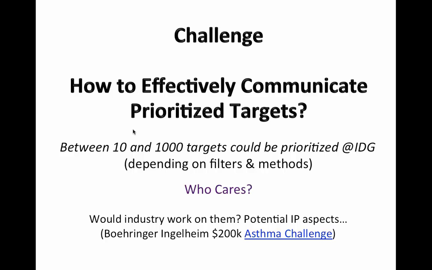And if you think that the asthma market is worth $20 billion a year, buying a target for $200,000 is like peanuts. Okay? So IP and who does what, I mean, all those things are really a challenge.